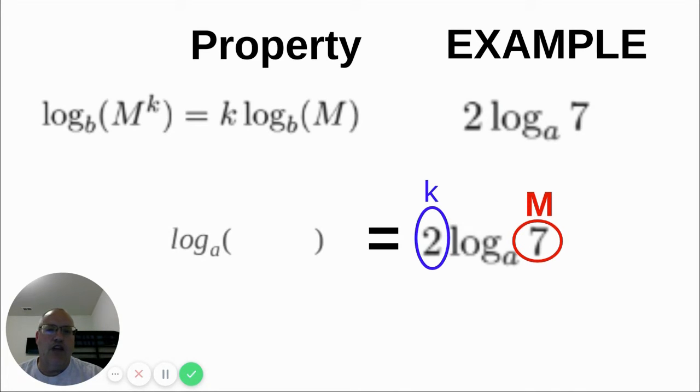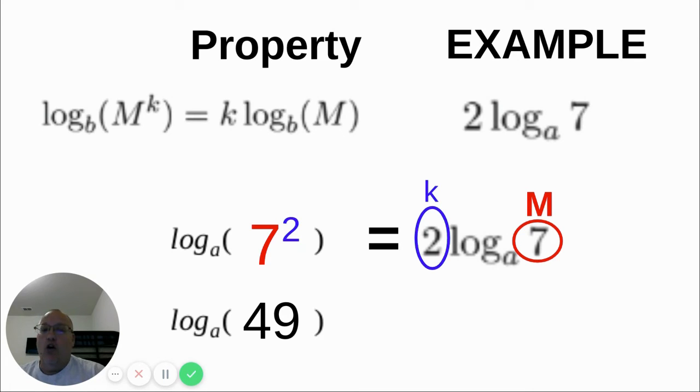Keeping that in mind, I'm just going to put this in just like the property says I can. I can say 7 to the power of 2. So log base a of 7 to the power of 2 is equal to 2 times the log base a of 7, or to make it a really quick and short one, log base a of 49. All 3 of these expressions that I've given you are equal.